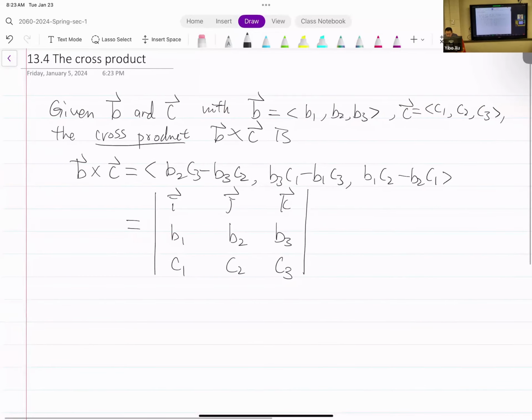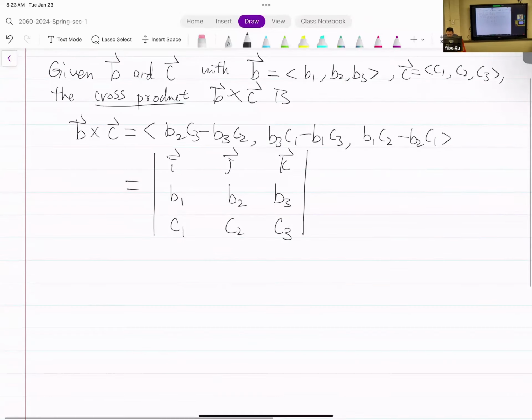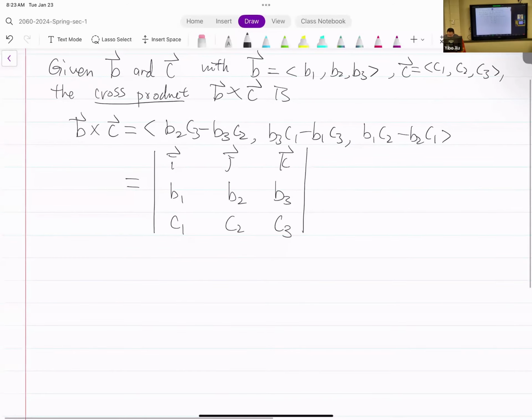This 3x3 determinant is essentially the same as the formula right above, but we're going to carefully define what it is, probably tomorrow. Once we introduce the formula, you should be able to calculate a bunch of MyLab homework. So at least that's good for that part.